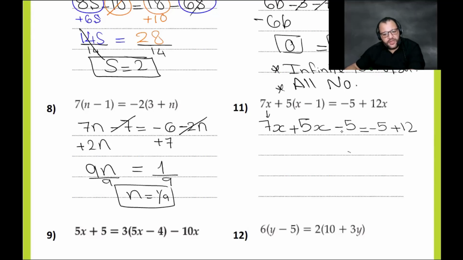You find at the left hand side and right hand side the same number, negative 5 and negative 5, so they cancel out. Now we have 7 and 5, 12x, 7x.